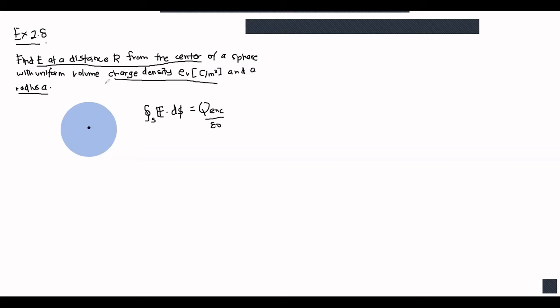As usual, we will assume that it is a positive charge. If it is a positive charge, then our electric field will be in the r direction, meaning this positive charge is the source of the electric field.